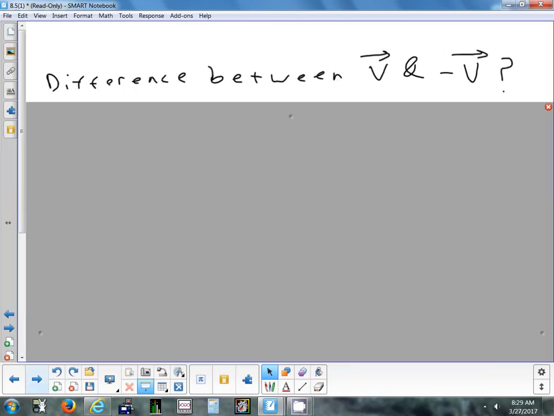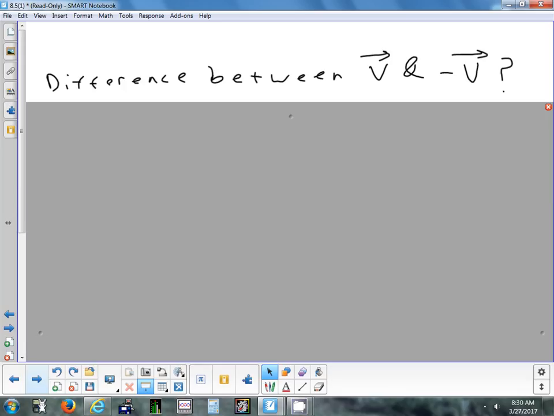What's the difference between vector v and the vector negative v? We talked about this earlier, but we didn't write it exactly like this. Can you be even more specific about the way it points? It could be right and left, but I want to be a little more specific than that, something in between.